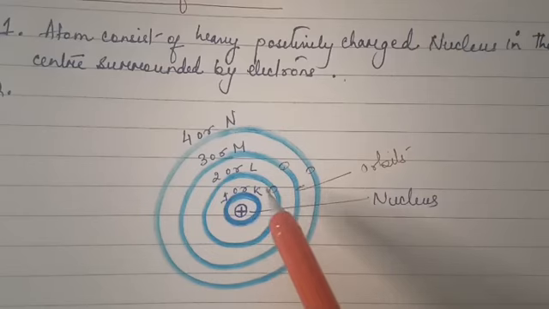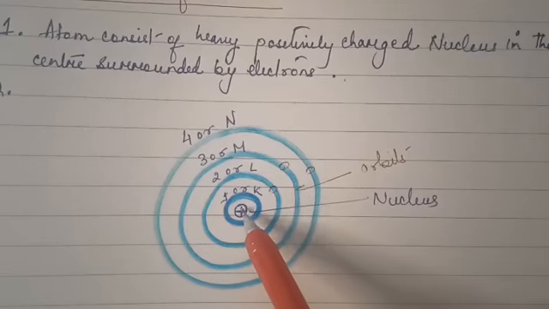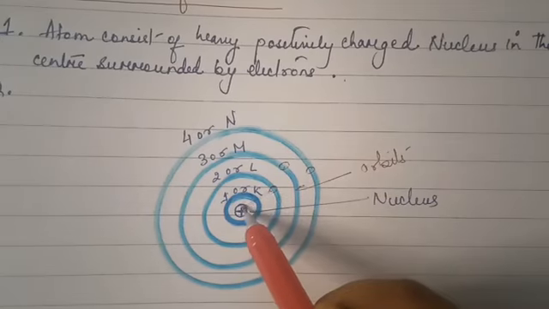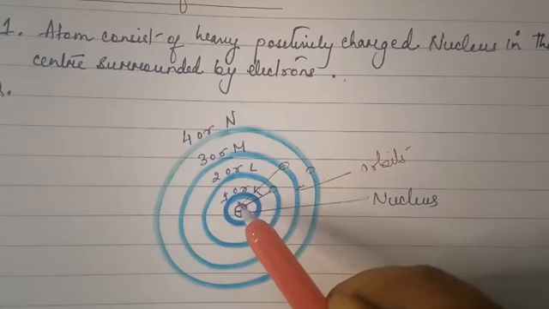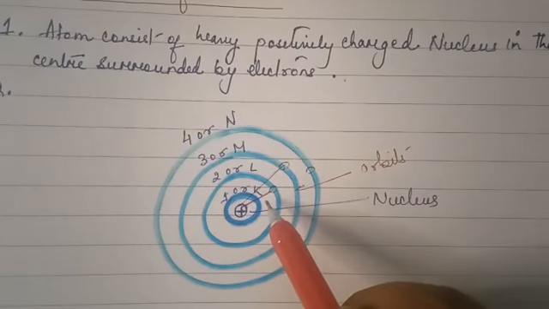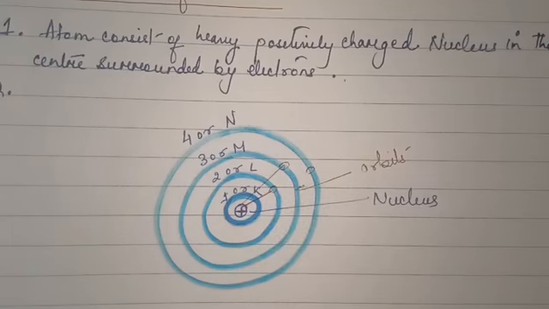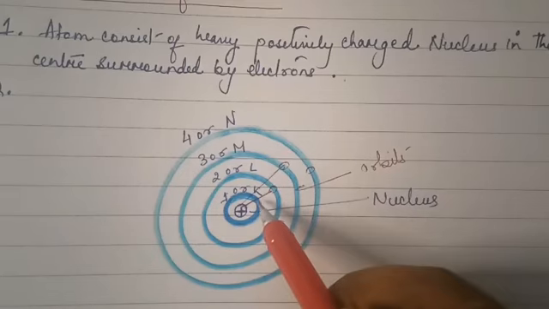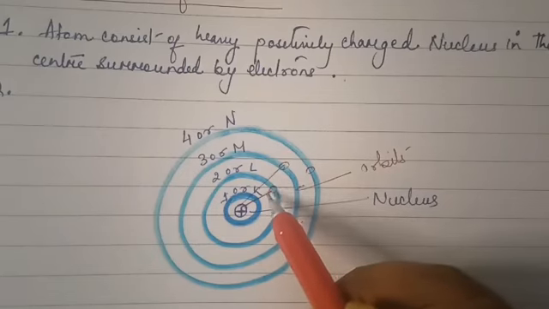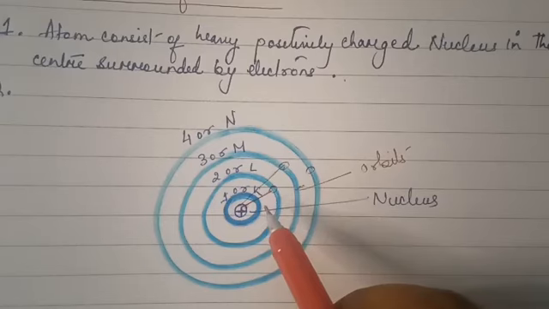If we consider it as a circle with this positively charged nucleus as its center, and measure the distance of these electrons, we see there are certain radii that they follow. The radii are different from each other.